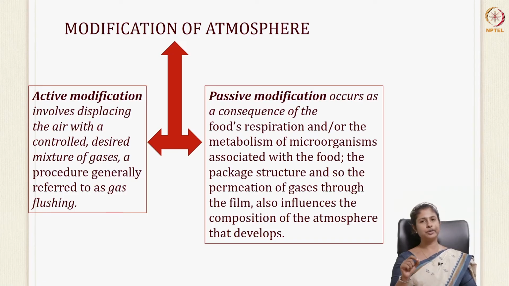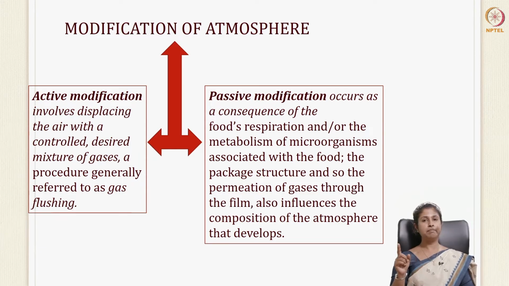It's interesting that you can modify the atmosphere in a package by two methods, either by active modification or by passive modification. In active modification, they completely remove the air inside the package and fill it with the desired gas mixture that you want. Any gaseous mixture combination that you have, you can flush it in and seal it.